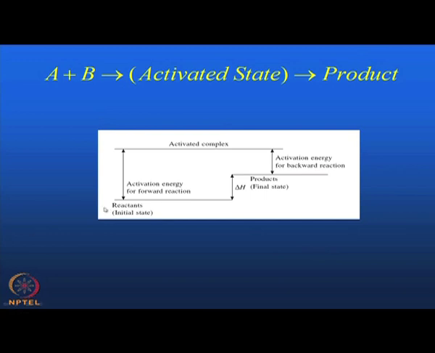This is your reactant initial state. It is the starting point of your reaction. Then an activated state is formed, which may be called an activated complex, and then this activated complex is transformed to product. So, the difference in energy state between the reactant, that is the initial state, and the activated complex is called the activation energy for the forward process.